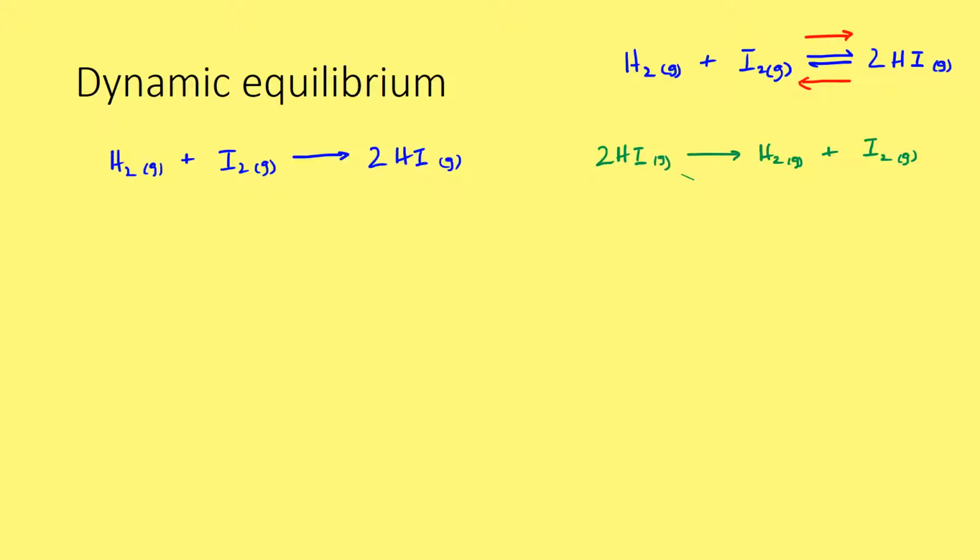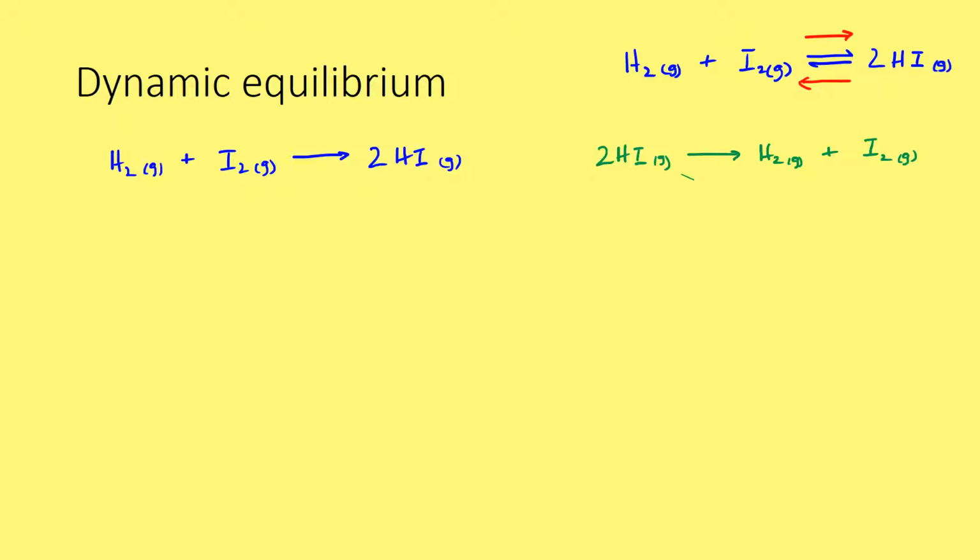So let's consider the first reaction here, the one in blue. What we can see is that we're starting off with some hydrogen and some iodine, and we've got no hydrogen iodide yet. So under those conditions, the rate of production of hydrogen iodide is quite fast because we've got lots of reactants.